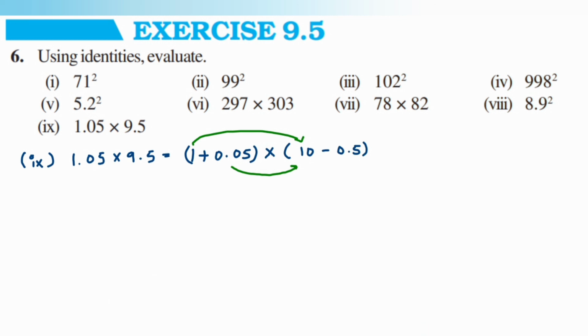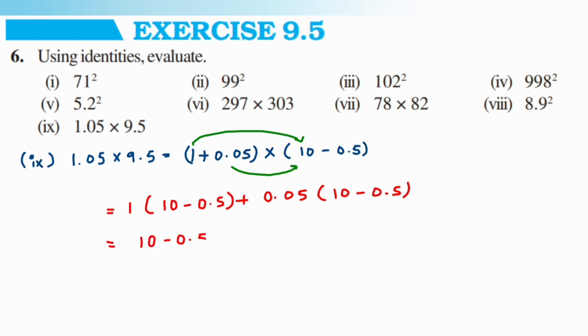So this is equal to 1 into (10 minus 0.5) plus 0.05 multiplied by (10 minus 0.5). Now we just multiply with 1, so we'll get 10 minus 0.5 back, and when you multiply 0.05 with 10, we'll get 0.5, minus 0.05 into 0.5, which will be 0.025.